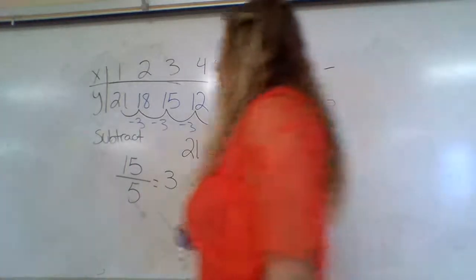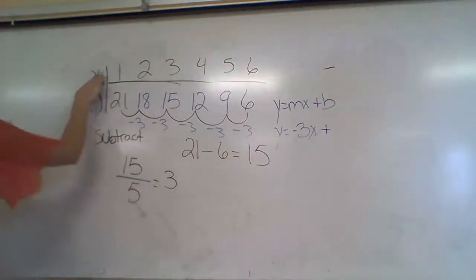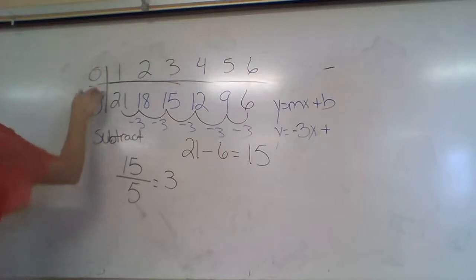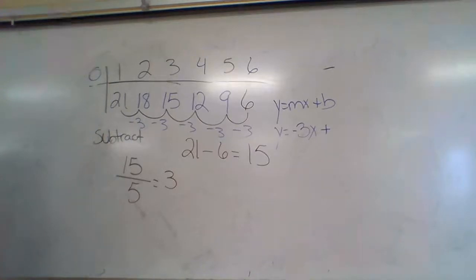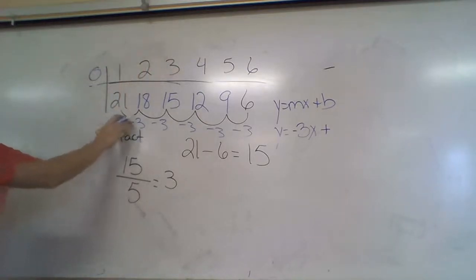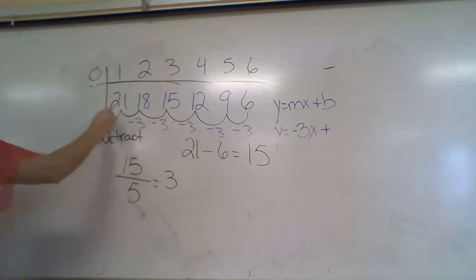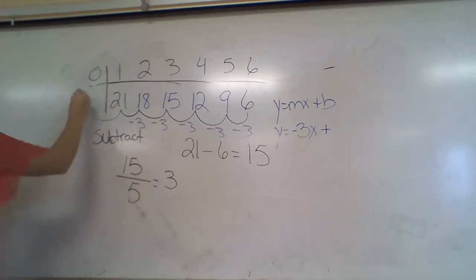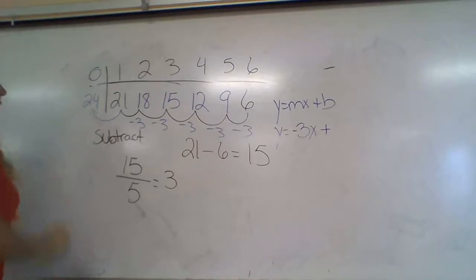So your y-intercept is when x is equal to 0. So if x is 0, what is y? What would fit this pattern that we have? So my x's go 0, 1, 2, 3, 4, 5, 6, and I'm subtracting 3 each time. So to figure this out, I would add 3 back on. So you get 24.